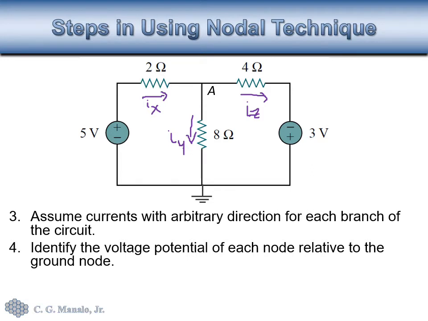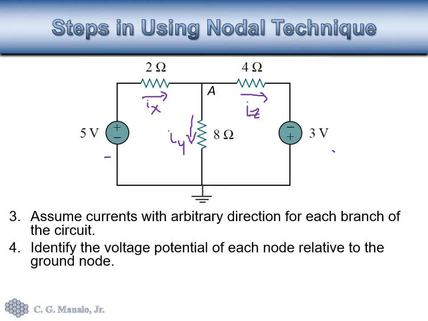We could have specified a current through the 5 volts and the 3 volts here. But the current through the 5 volts is also I sub x because the 2 ohms and 5 ohms are in series.